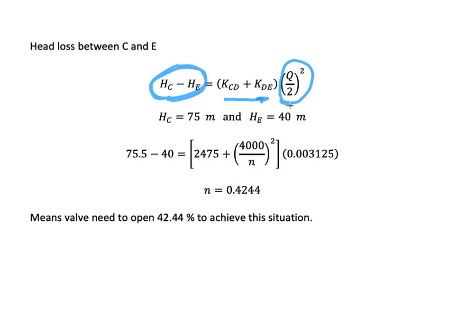We know that HC is equal to 75 and HE is equal to 40. So we substitute everything, and we get the value of N here is equal to 0.4244. This means that the valve needs to open 42.44% to achieve this situation.